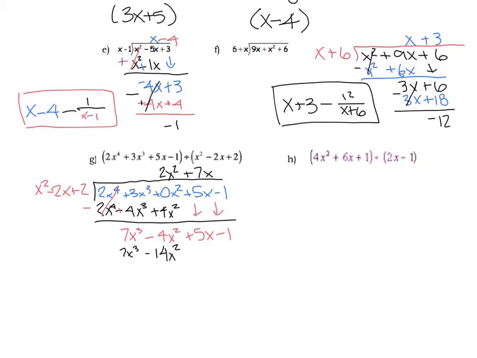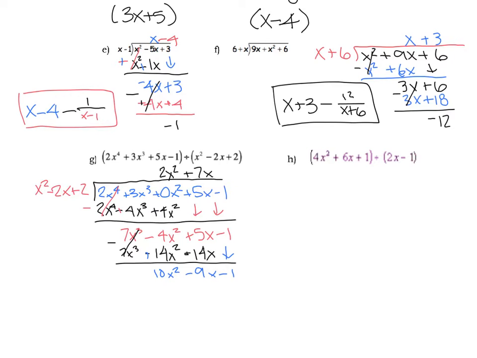And 7x times positive 2 is positive 14x. All right, so now when I subtract this, yay, those cancel out. Here, careful, we got that double negative, so that turns into a positive. So that's really positive 10x squared. Here, 5 minus 14x results in a negative 9x, and then I bring down that negative 1.